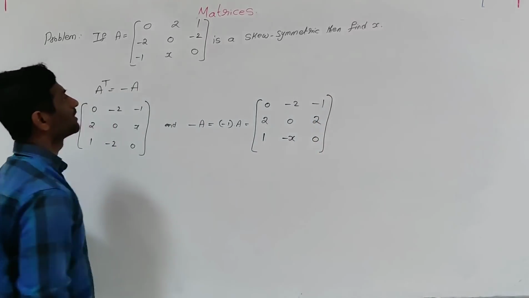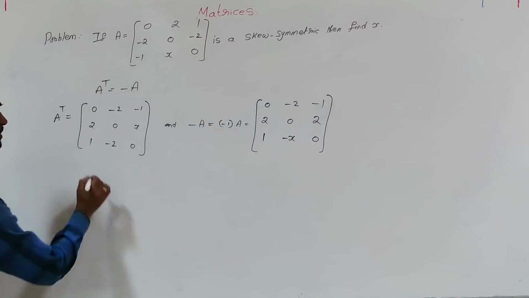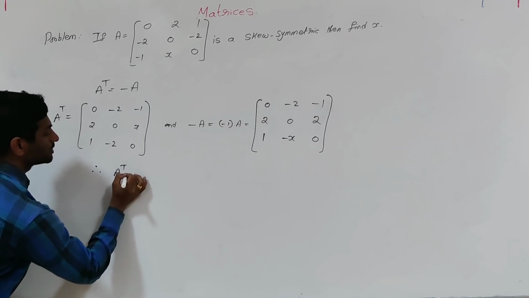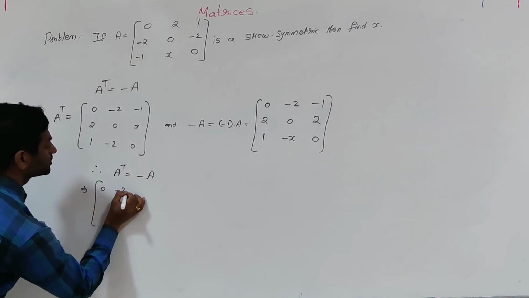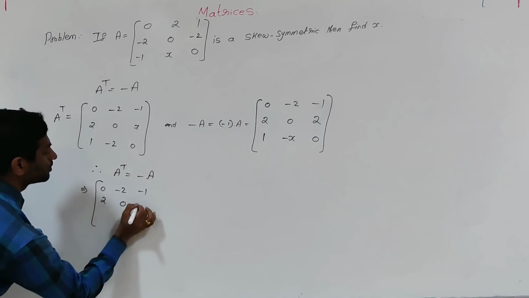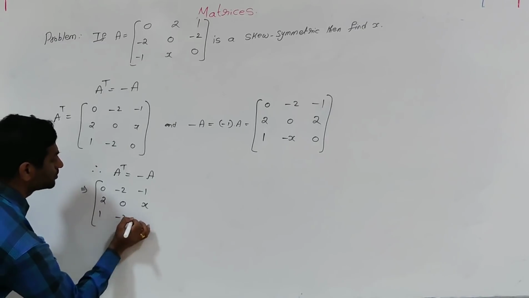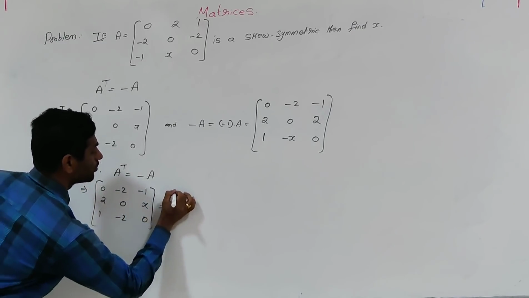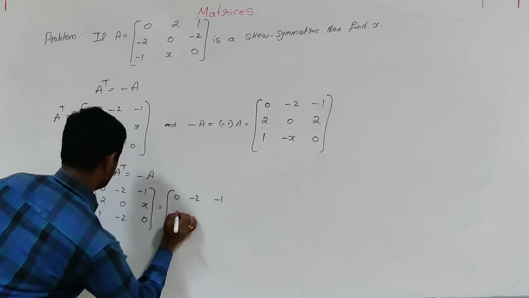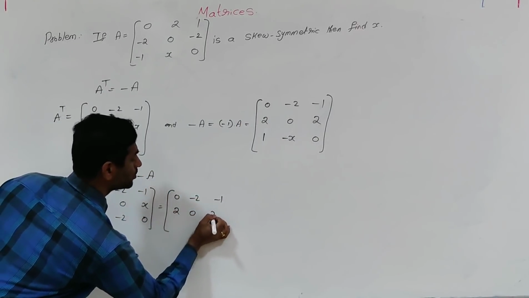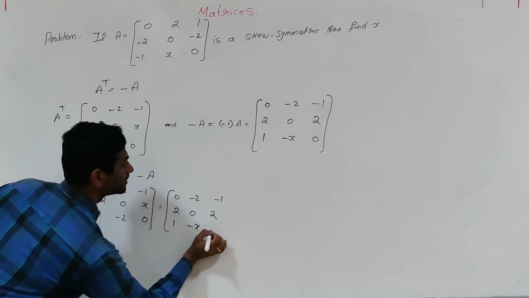As the given condition is skew symmetric, it should satisfy A transpose is equal to minus A. That is 0, minus 2, minus 1, 2, 0, x, 1, minus 2, 0 is equal to minus A matrix: 0, minus 2, minus 1, 2, 0, 2, 1, minus x, 0.